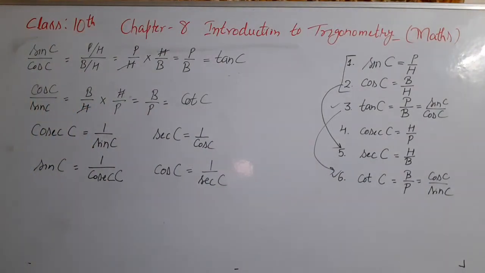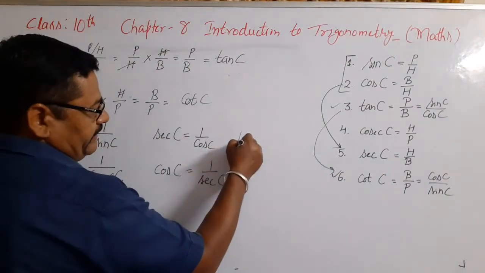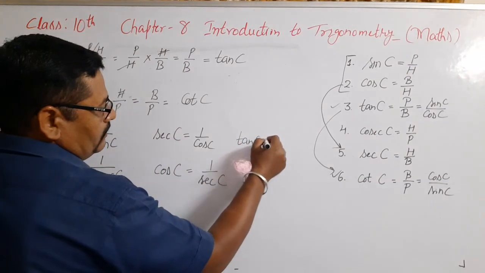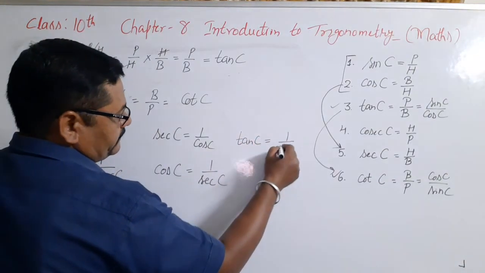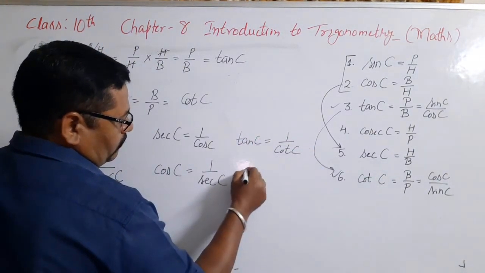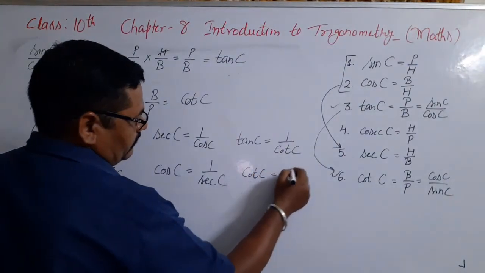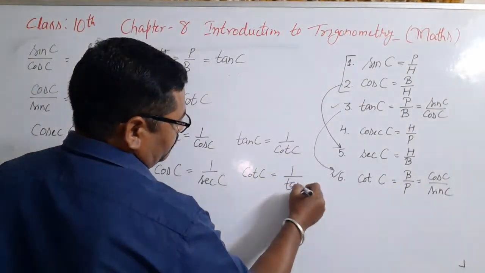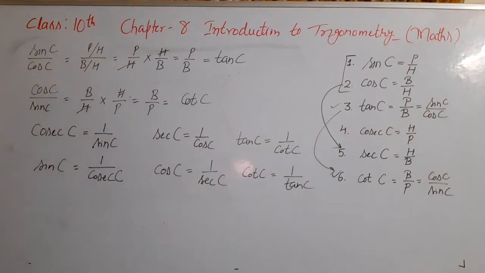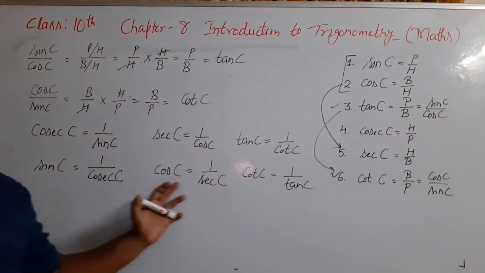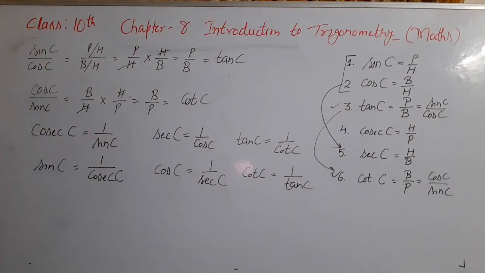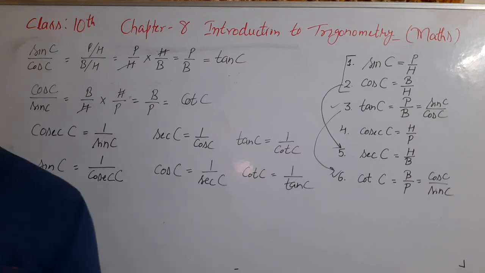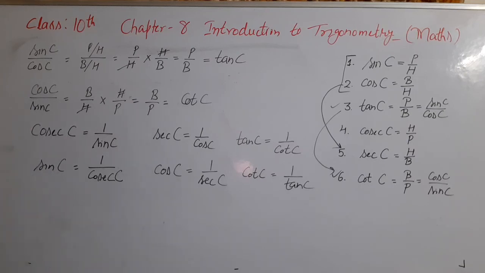Again, cot is reciprocal of tan, therefore tan C is equal to 1 upon cot C, or cot C is equal to 1 upon tan C. So these are the relationships between a trigonometric ratio and its reciprocal.